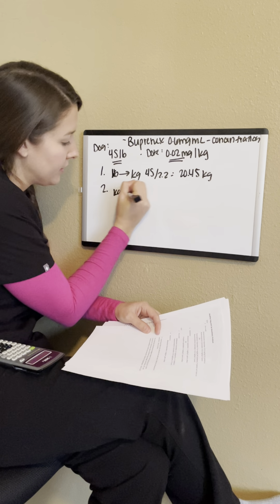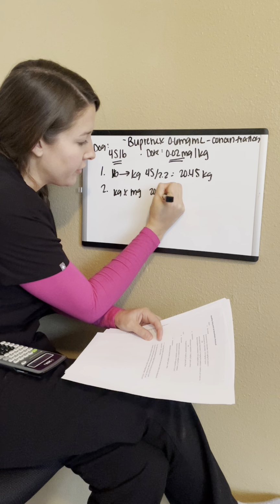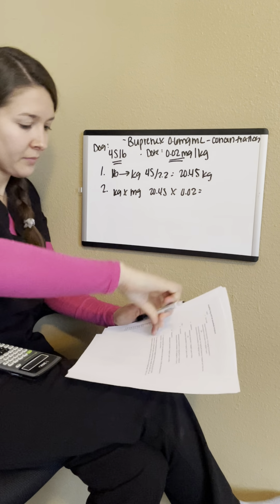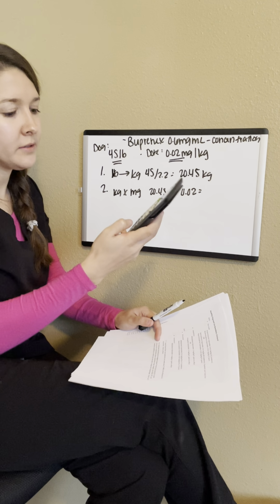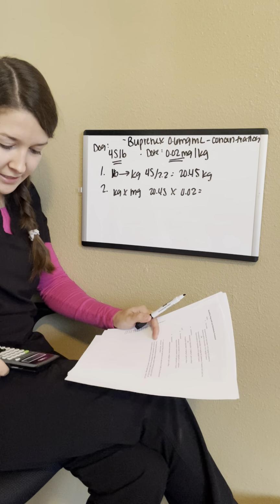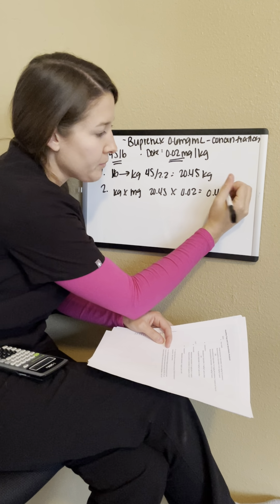So kgs times mg. So 20.45 times 0.02. So 20 times 0.02 is going to give us 0.4 mg.